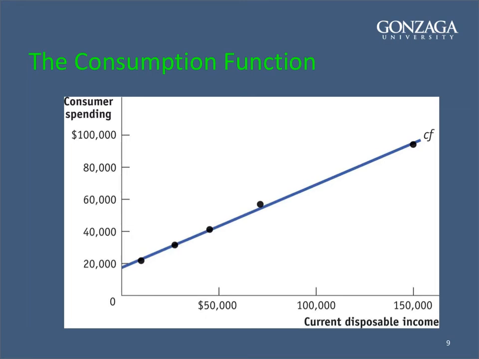And so really, where does this equation come from, right? It's a simplified equation for sure, but the idea here is that we are looking at data to see which variables determine consumption.